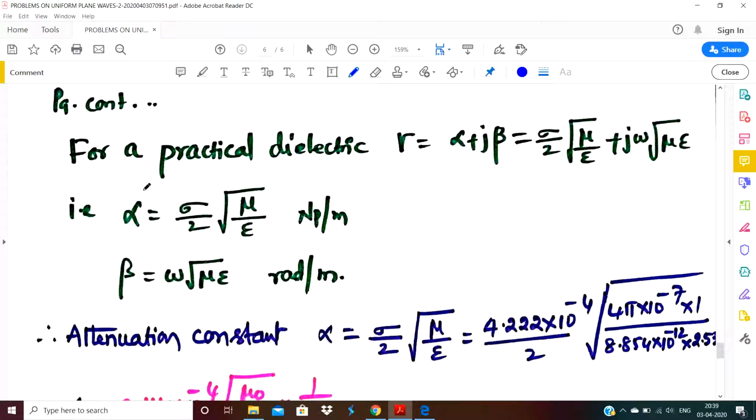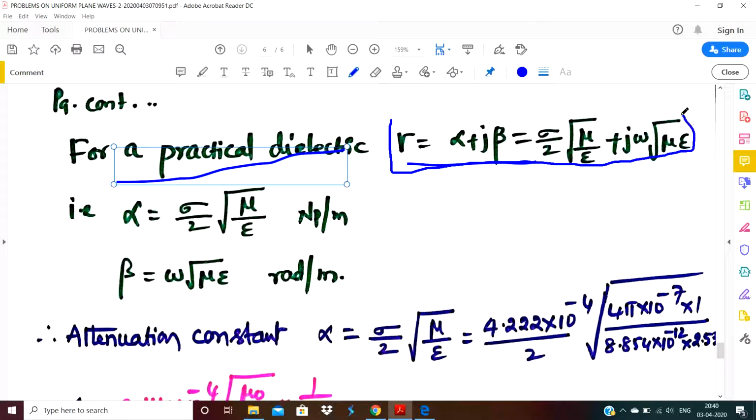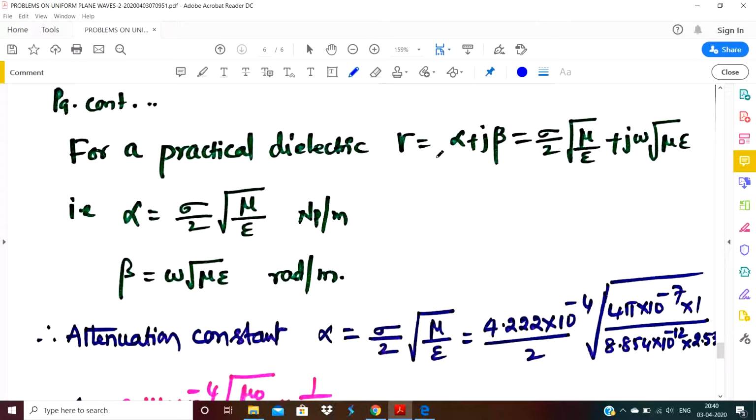Then for a practical dielectric, we know that the propagation constant gamma equals, this is a good dielectric. We have that relation; we already derived it in the medium properties based on the given mediums.